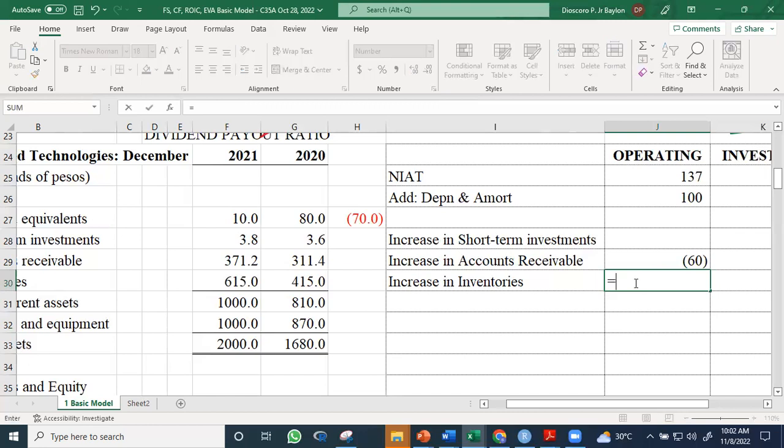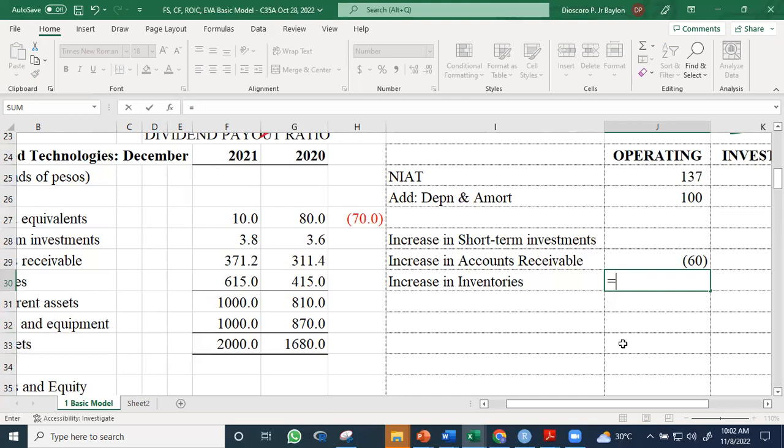2020 minus 2021. It should be positive, right? Because it's a source of cash. So what should be my formula? Isn't it 415 minus 615? Will 415 minus 615 give you a positive answer?